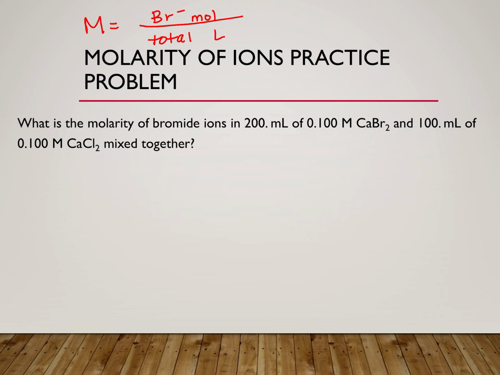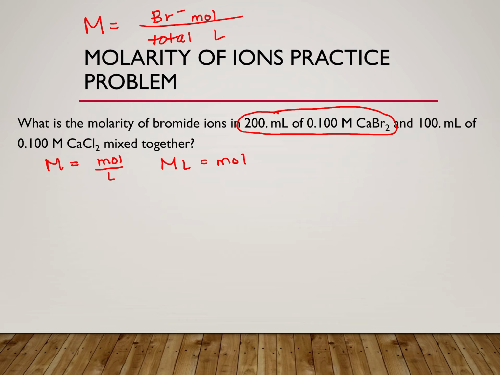So we need to deal with stuff about calcium bromide. If we have molarity, we know molarity is moles over liters. So we're going to do molarity times liters to figure out our moles. And we're going to do this by way of a train track, similar to how we did in the last problem.